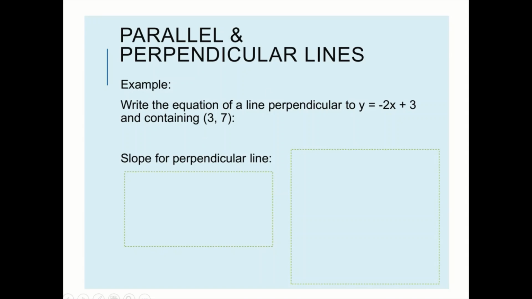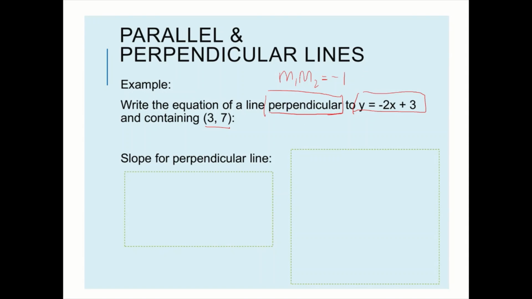So we have a similar question here, but now the line is perpendicular to this line and contains the point 3, 7. Perpendicular is the keyword, and by this keyword we know that m1 times m2 is -1.